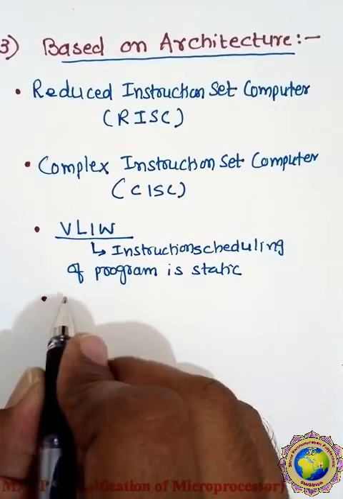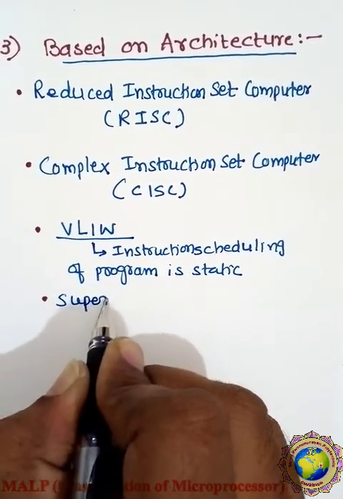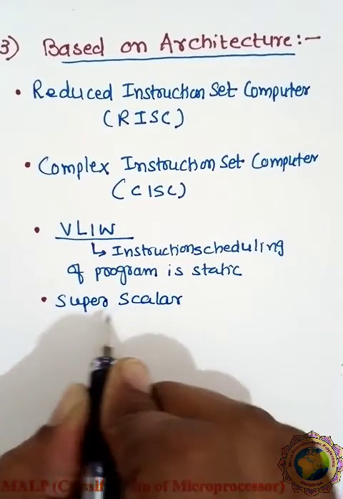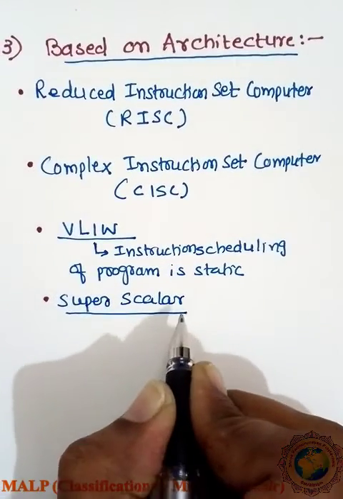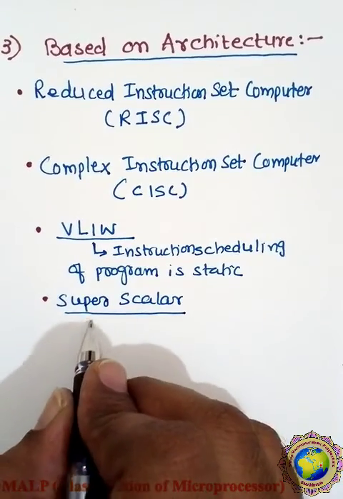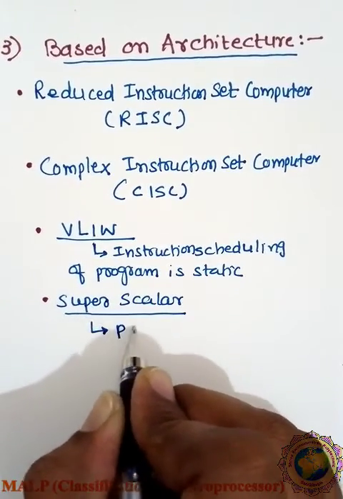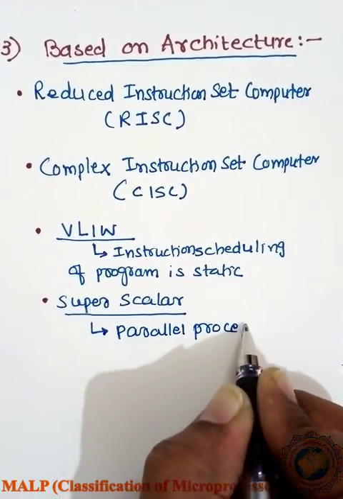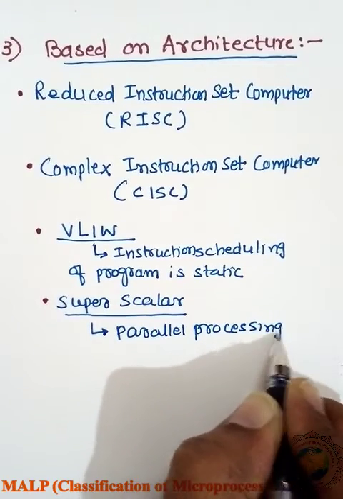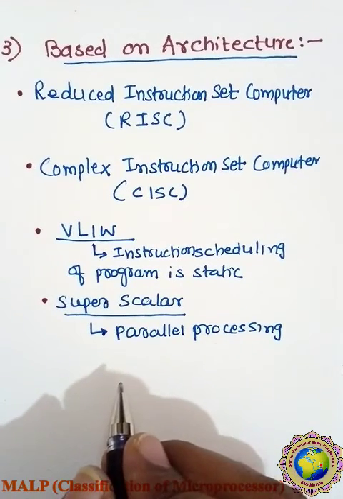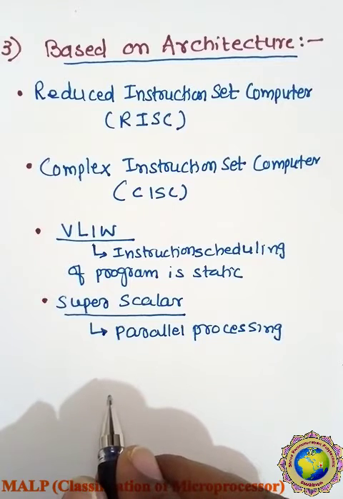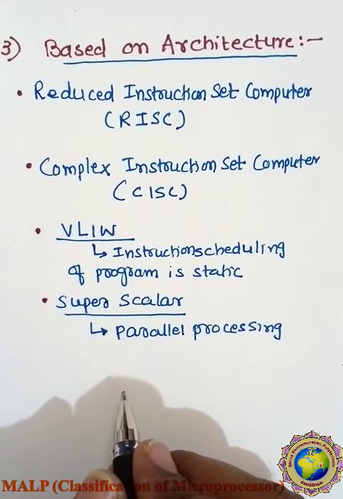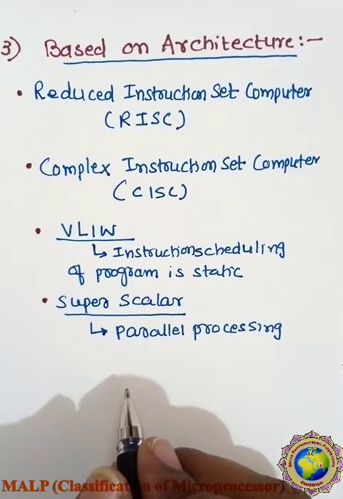And the last one is the superscalar processor. This processor is also called the parallel processing type. What is the meaning of parallel processing? The processing of multiple instructions of a program by distributing them among multiple processors, like VLIW.